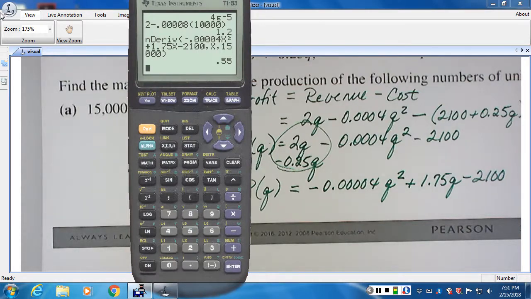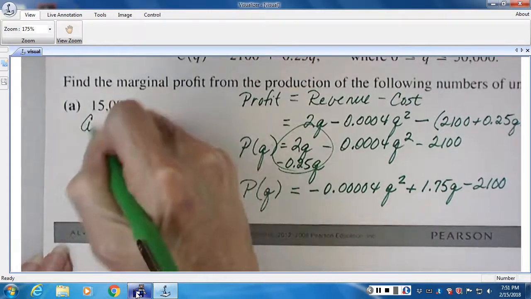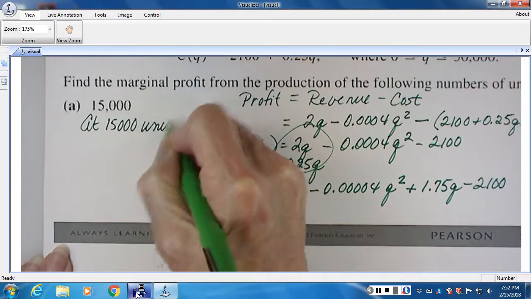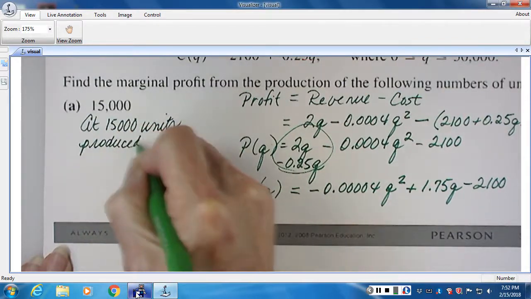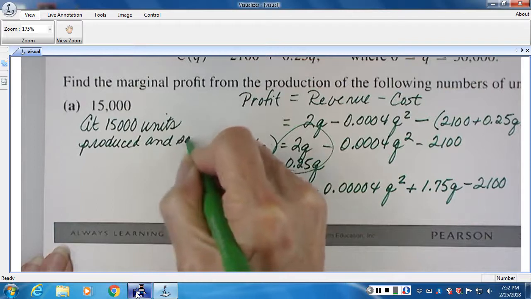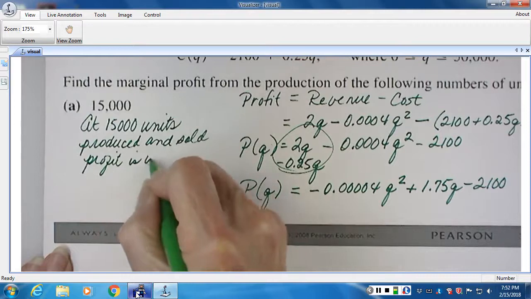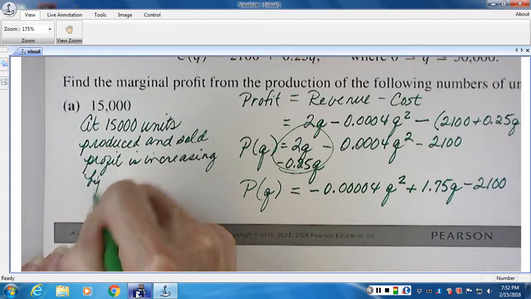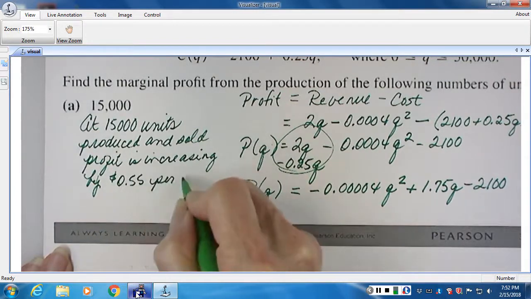So our interpretation of that is that at 15,000 units produced and sold, profit is increasing by 55 cents per unit.